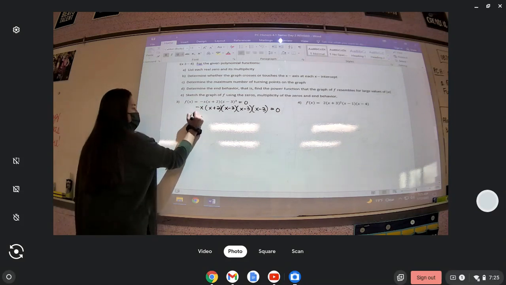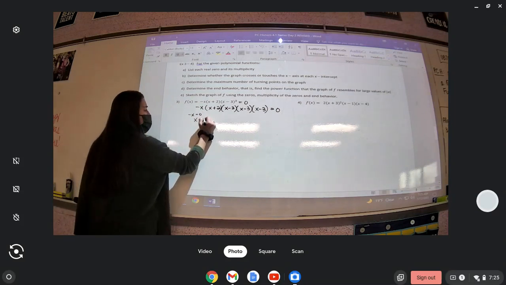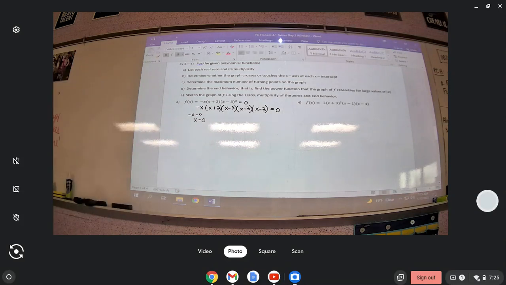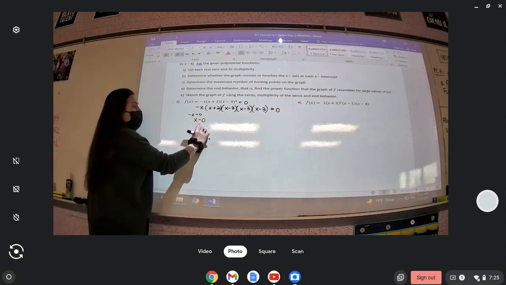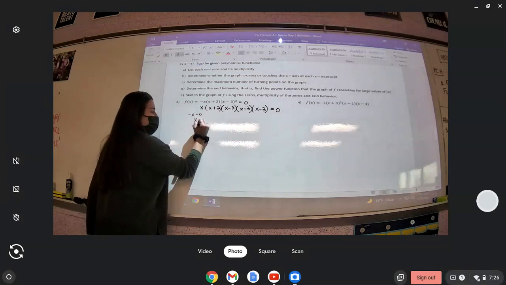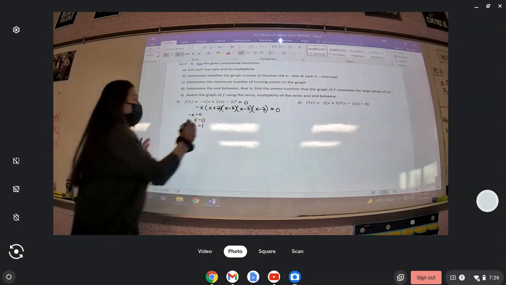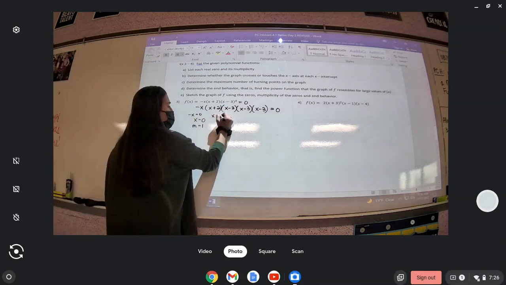So if I set negative x equal to 0 and solve, divide by negative 1, we get x equals 0. So that is a real number that is going to be an x-intercept on the graph. What is his multiplicity? How many times did he repeat? 1. Okay. Then we set this factor equal to 0, we get negative 2.